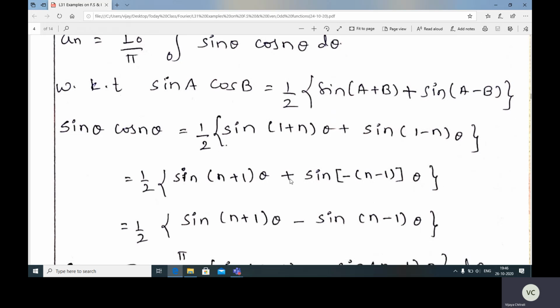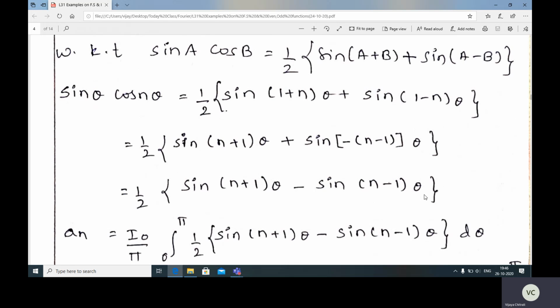So this minus and this plus will be minus. So next step, 1/2 [sin (n+1)θ − sin (n−1)θ]. Why minus? Because sin of −θ is −sin θ.